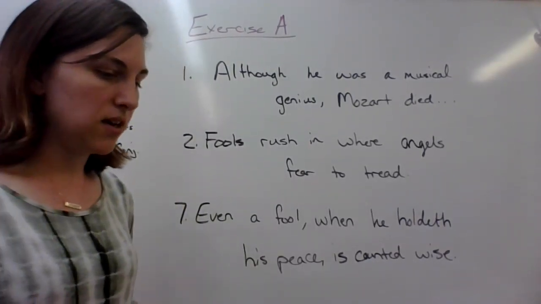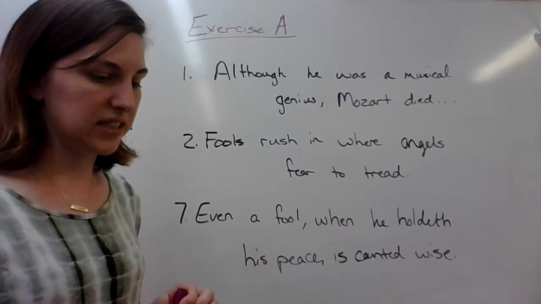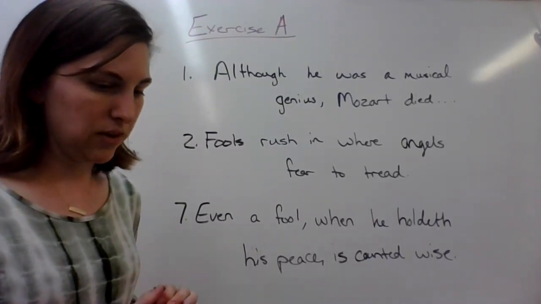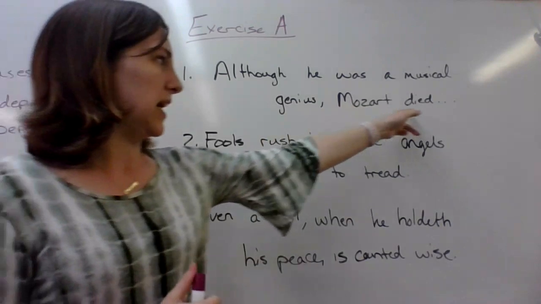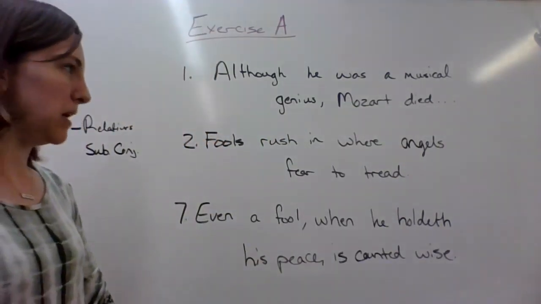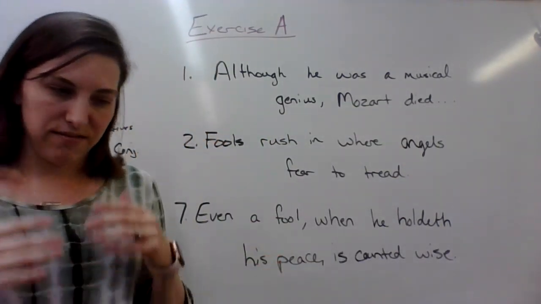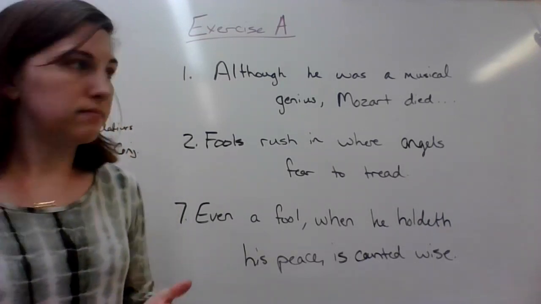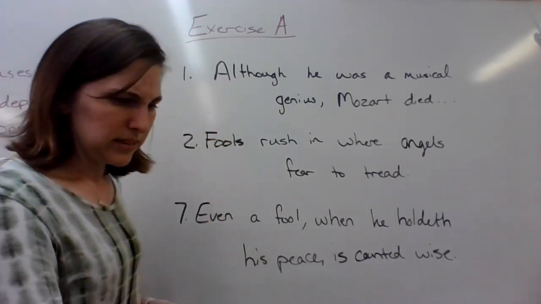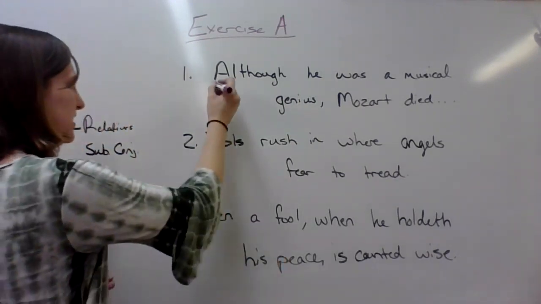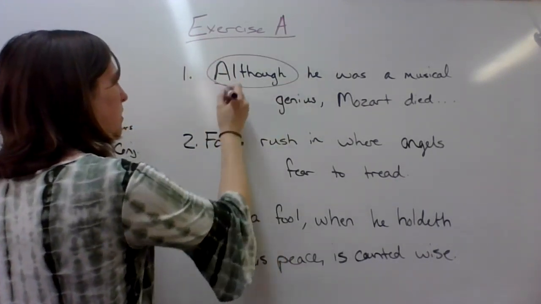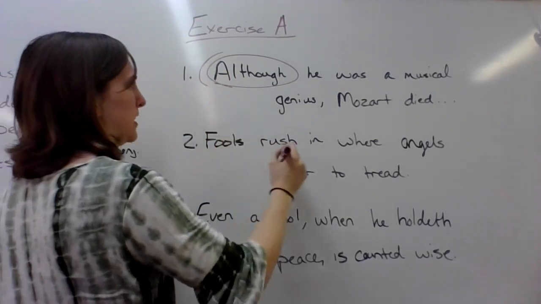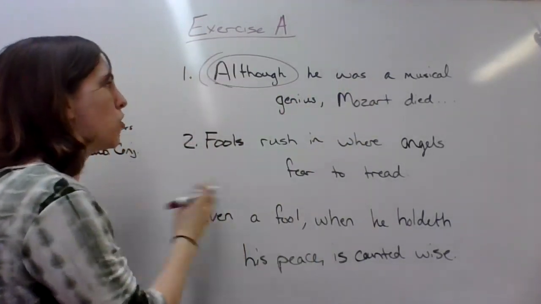Question 1 says, although he was a musical genius, Mozart died penniless and was buried in a pauper's grave. Okay, I just didn't finish the sentence there, but we already have at the very beginning of the sentence the subordinating conjunction. It's the word although. And what they want you to do in your sentence is circle the word, but definitely put parentheses around the whole clause.